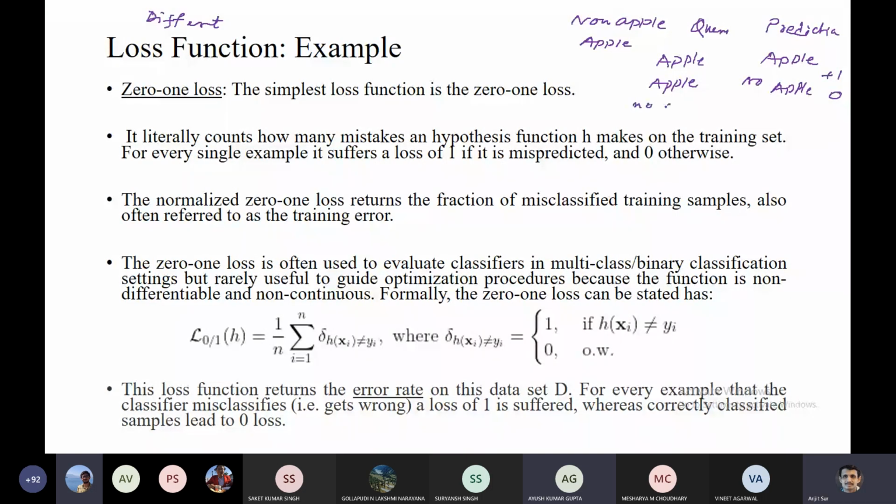If you give no apple and it says apple, a false positive, 0. And if you give no apple and it says no apple, it is a true negative, plus 1. So this is the way the 0-1 loss is basically. These are the losses.